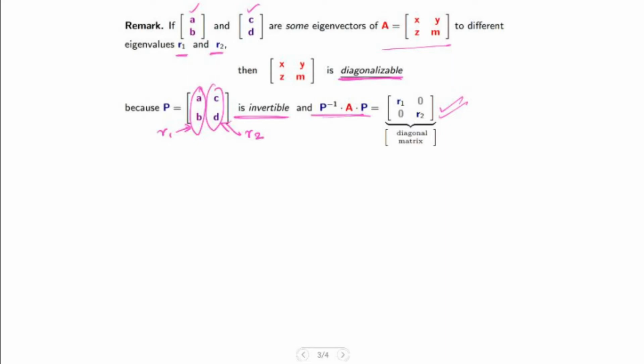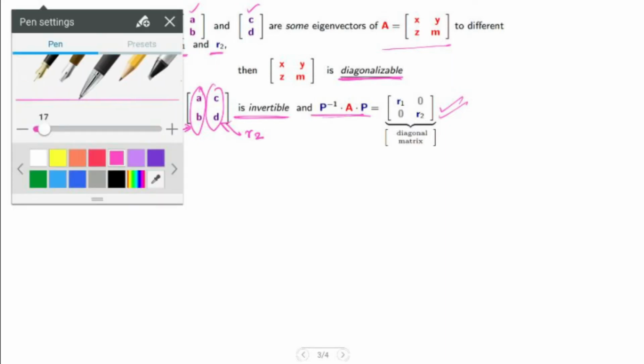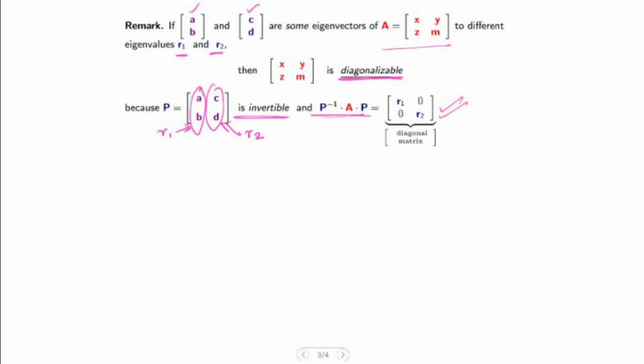But let me draw the graph to make it more clear. Let's say we have here an eigenvector which is (3, 2).